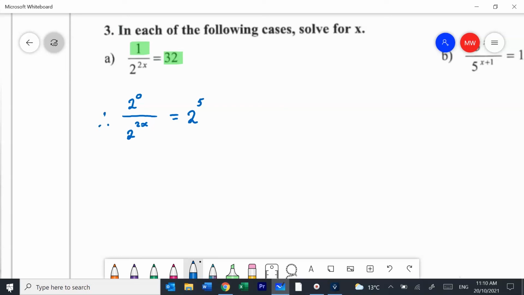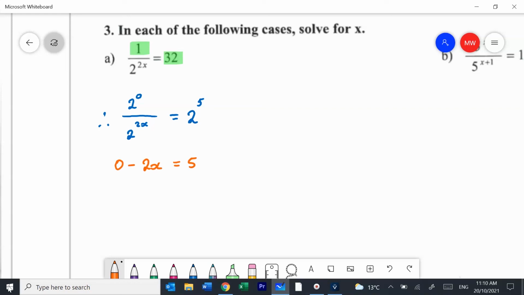So now that we've got base numbers that are all the same, if we think about our index laws, if we're dividing numbers, we know that we'd normally subtract their indices. So if we disband all of the base numbers and we just focus on the indices, we've got nothing minus 2x equals 5, okay?